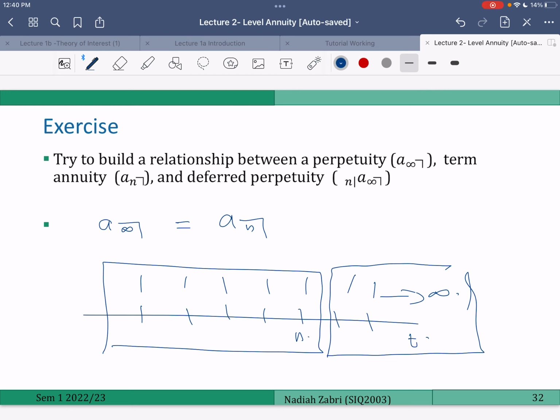So A angle n plus what? What is this part? This part is technically a perpetuity because this perpetuity lasts forever. So it is a perpetuity, but it is a deferred perpetuity because this perpetuity is evaluated at time n.